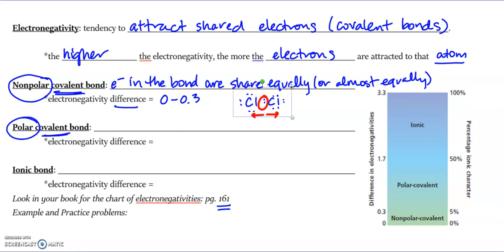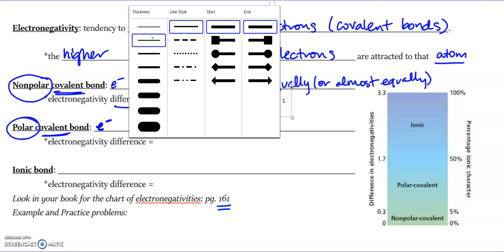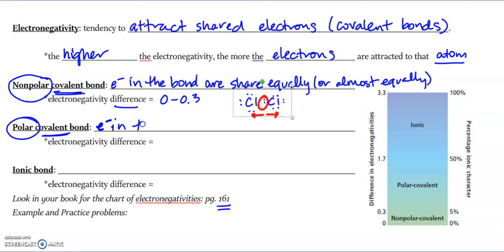A polar covalent bond is when we have unequal sharing. So electrons in the bond are shared unequally. When you do the same thing and you subtract those electronegativities that you would look up, and the difference is between 0.3 and 1.7, that's when we have a polar covalent bond.